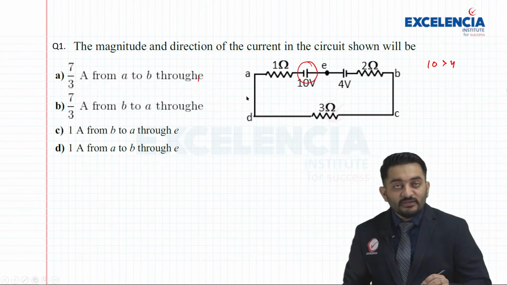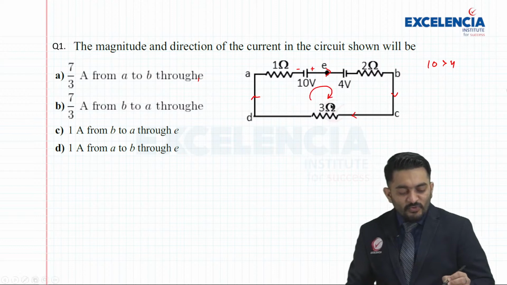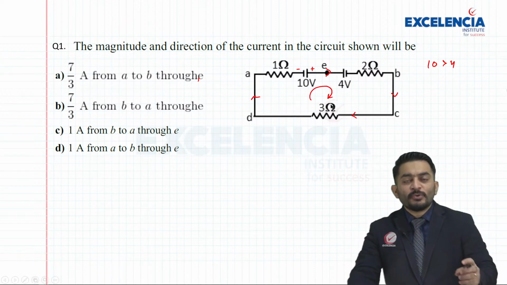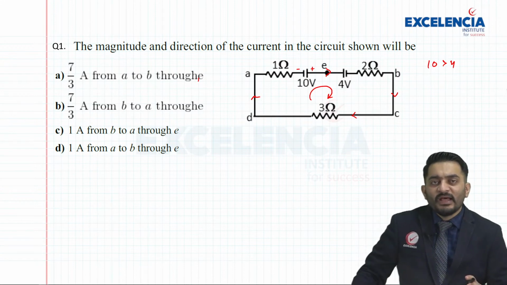Whatever the terminal sign is given for the 10 volt, on this side there is a positive terminal and this is negative, and current always flows from positive to negative. So in this entire circuit, if your current moves, it's going to move clockwise.